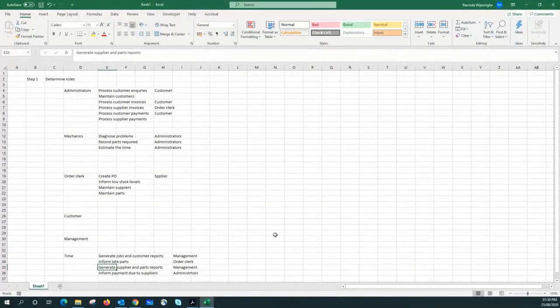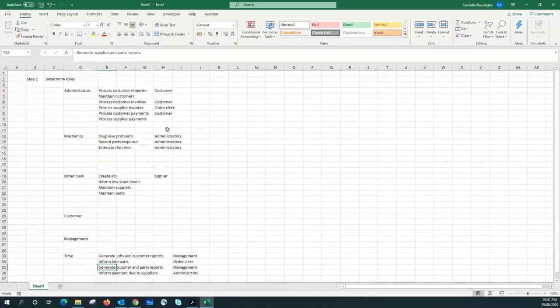So what we have done here now is step one. We identified all the roles, right? And we identified all the use cases. Now these use cases are a little different to what we identified before, or sometimes they may be similar. And then we identified who are the actors involved in each of these use cases.